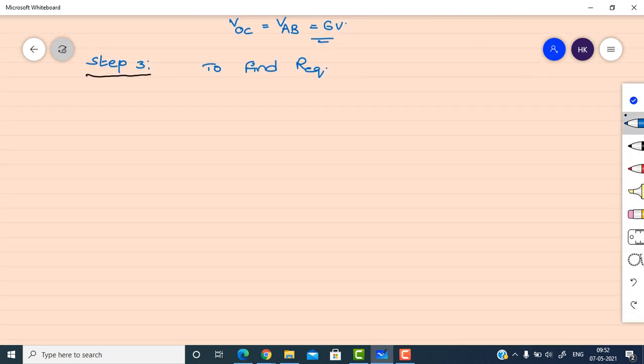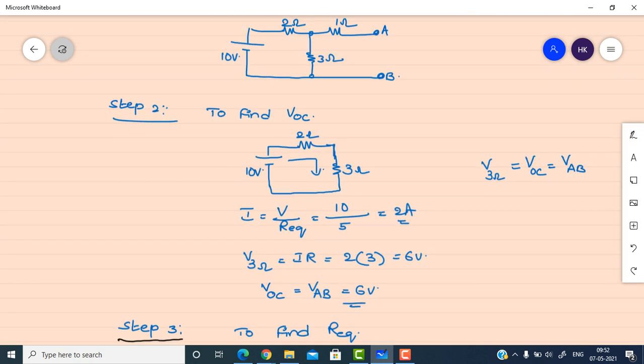Anyone finish the problem? So we have one voltage source in our circuit. So we have to replace that voltage source with short circuit. And the remaining circuit as it is we have to draw.